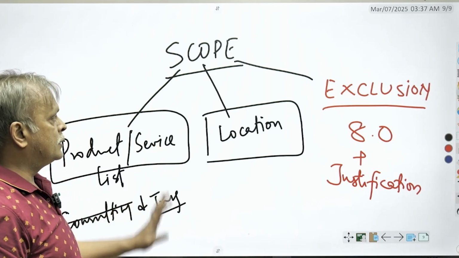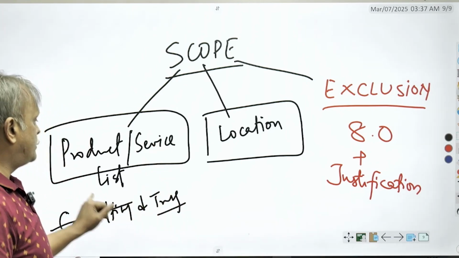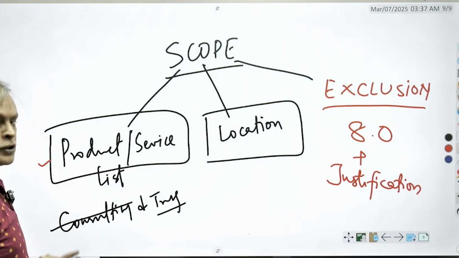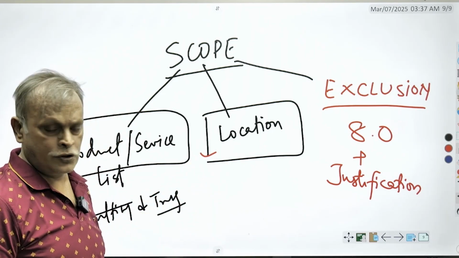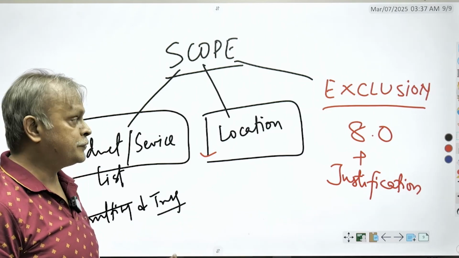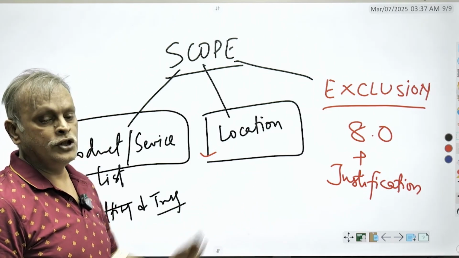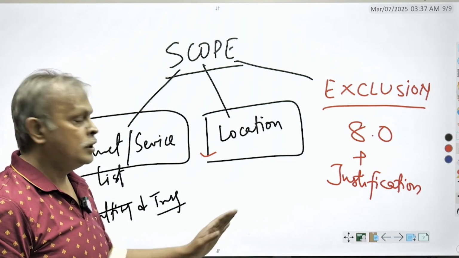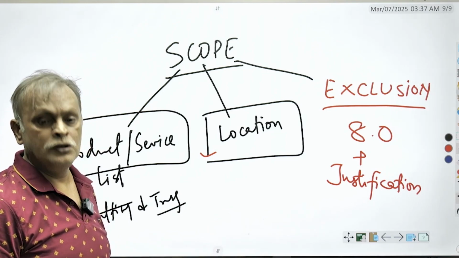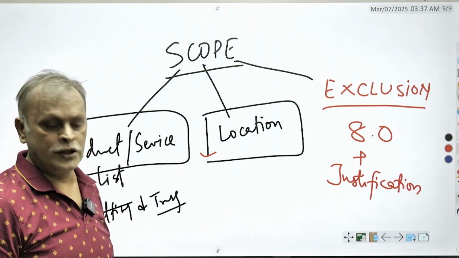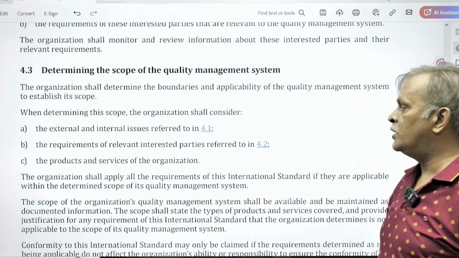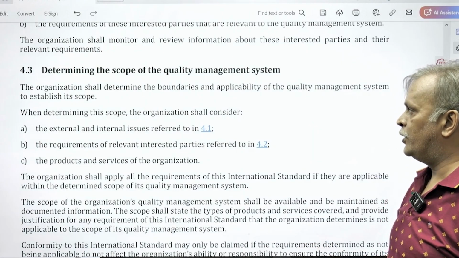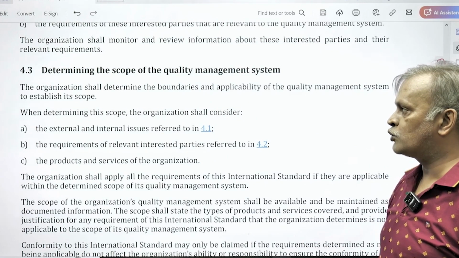So you will put together a scope statement in which you are making a list of product service, you are providing list of all physical locations, जो office locations हैं जो आप certify करना चाहते हैं, and just in case you've taken any exclusion, you will mention that particular clause and the justification associated with it. Let's read this standard further. The organization shall determine the boundaries and applicability of QMS to establish its scope.